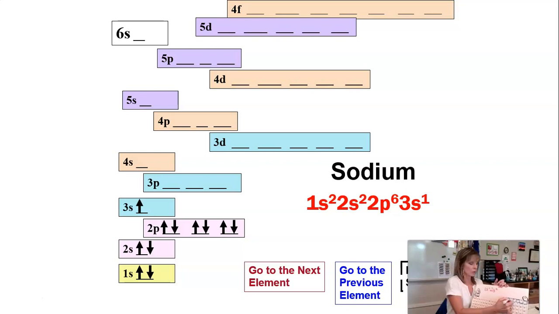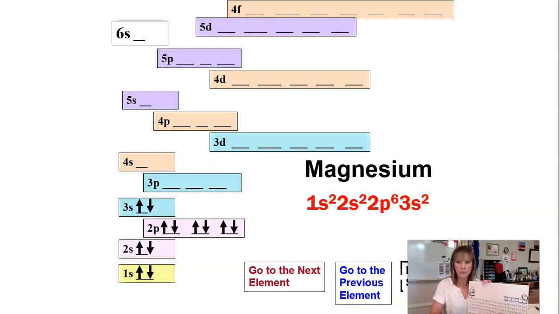Go over here, 2p6 is filled. Then my second row is completely filled, so I go on down to my third row. For sodium, 3s1. Crazy? Perhaps, but it works. Magnesium, right next to it.